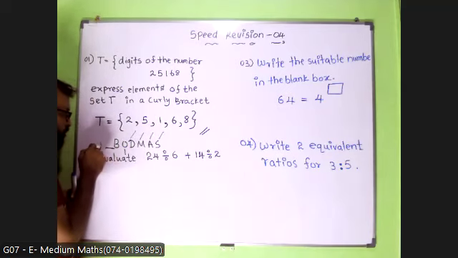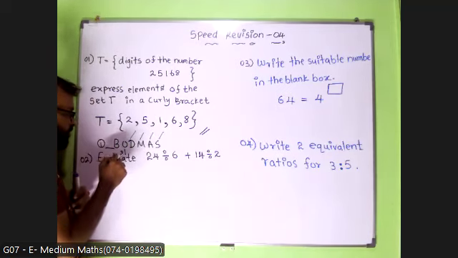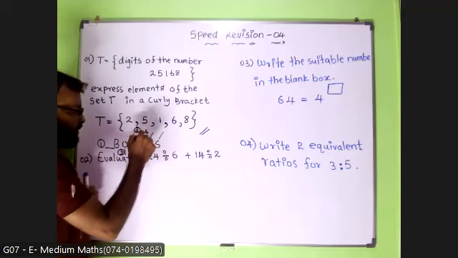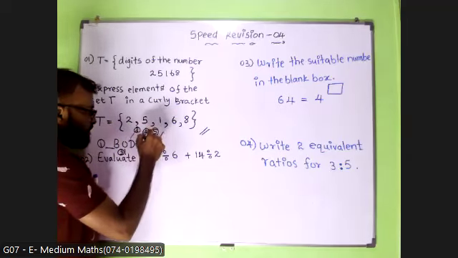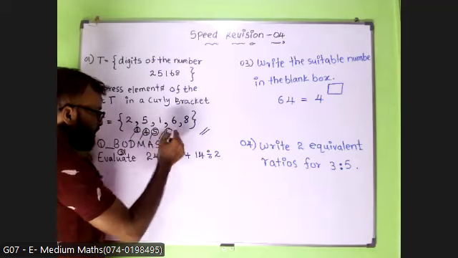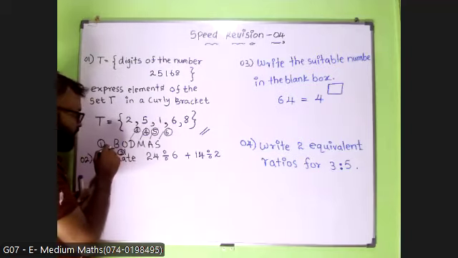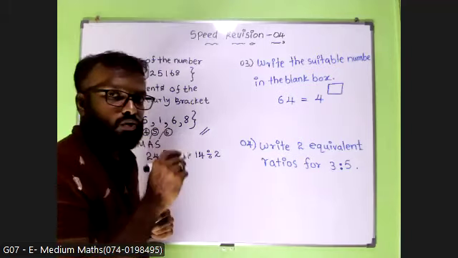So bracket first, of second, division third, multiplication fourth, addition fifth, subtraction last. So 1, 2, 3, 4, 5, 6.